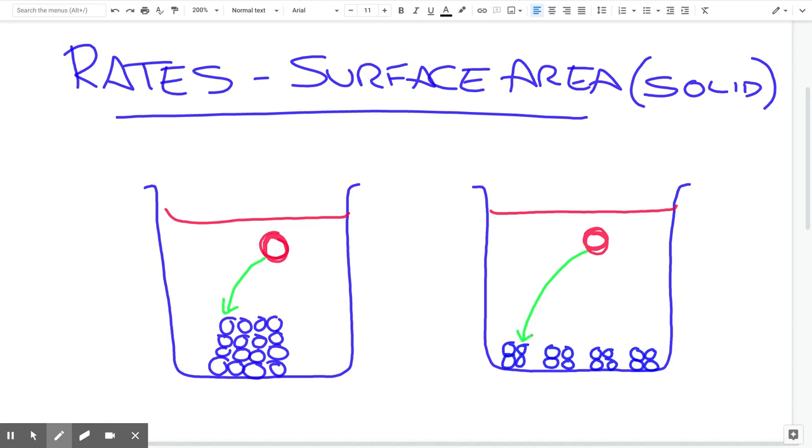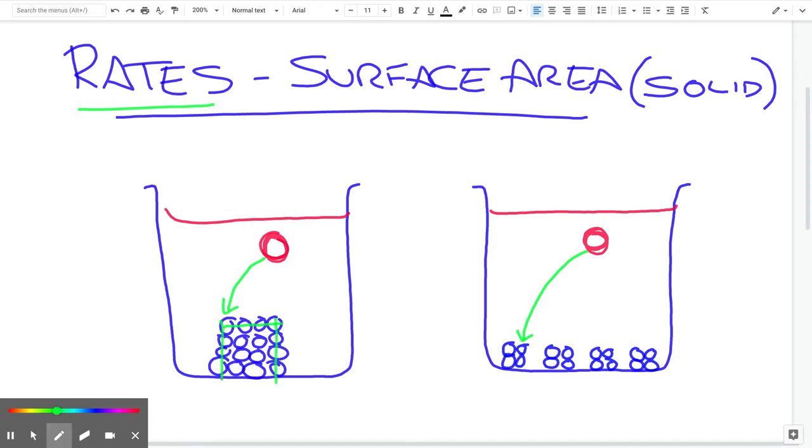And what we're looking at now is if we have the ability to affect the number of collisions that can occur, we can then affect the rate of the reaction of two reacting particles. And what we can hopefully see is that if this solid is resting on the bottom of the beaker, it is possible for those four particles to react with those three particles and those three particles there.